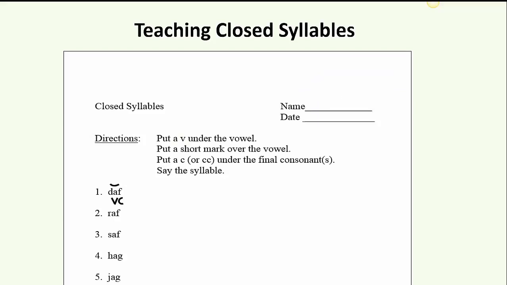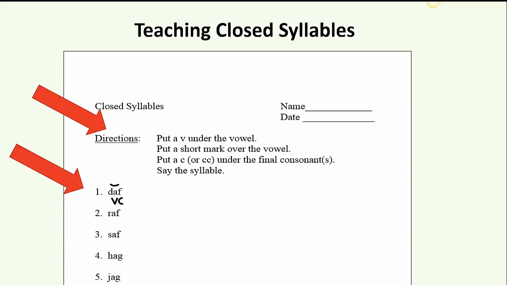Students can be given worksheets of closed syllables with short A and asked to mark V under the vowel, C or CC under the final consonant or consonants, and to put a short mark over the vowel. As always, at the top of the worksheet should be clear directions, with the first one done as an example. Then the students read the syllables out loud.